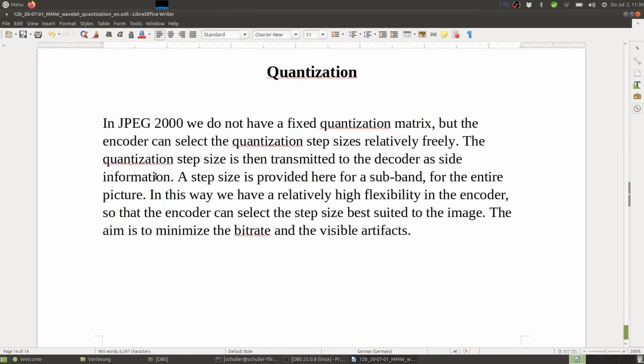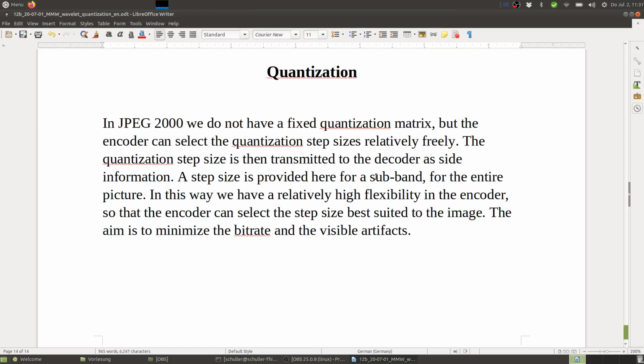Yeah, and finally quantization. In JPEG 2000, we do not have a fixed quantization matrix as in JPEG with the DCTs, but the encoder can select the quantization step sizes relatively freely. The quantization step size is then transmitted to the decoder as side information. A step size is provided here for a subband or for the entire picture.